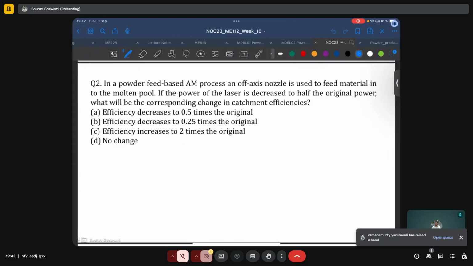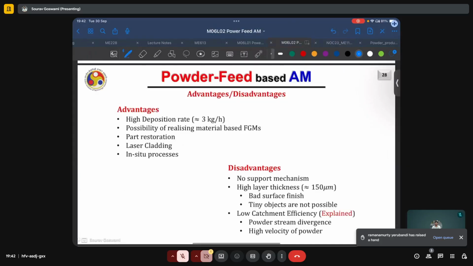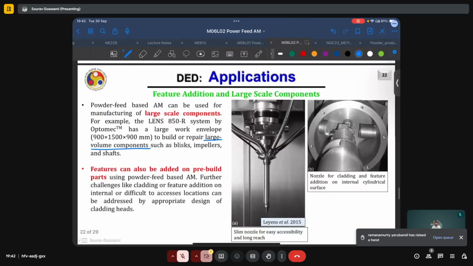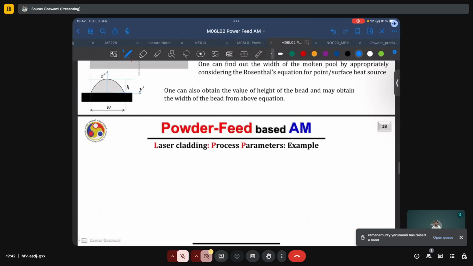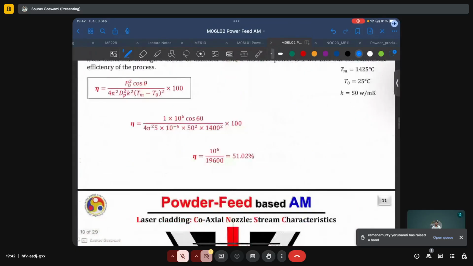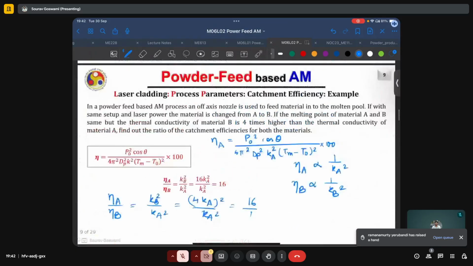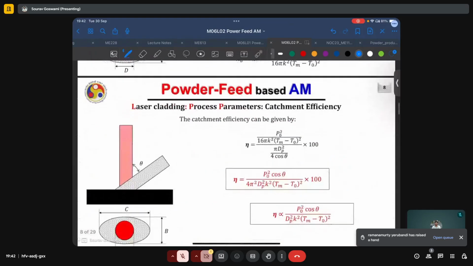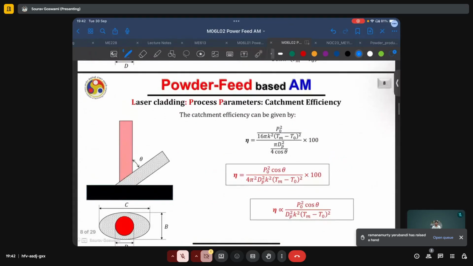If the power of the laser is decreased to half the original power, what will be the corresponding change in the catchment efficiencies? And for this again, we'll refer to the formula relating the catchment efficiency with the various process parameters, which was already derived in class, and we'll just reproduce it here.